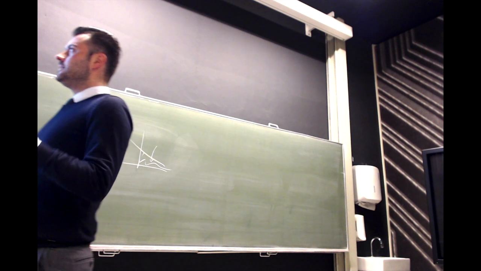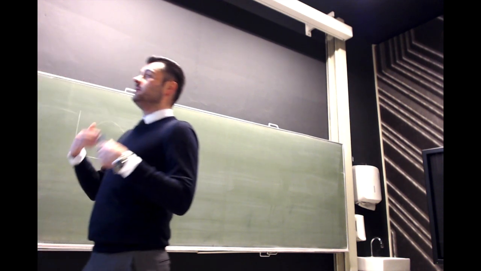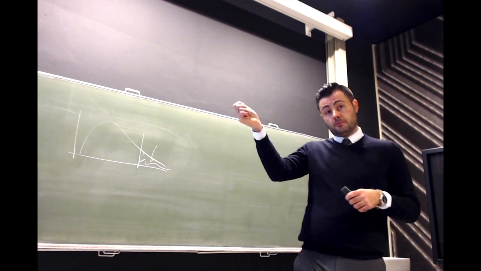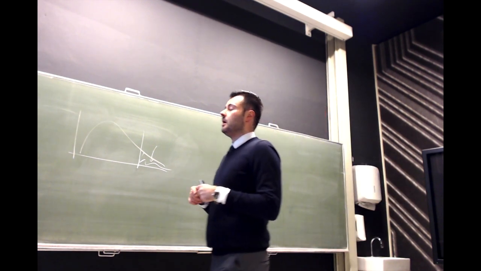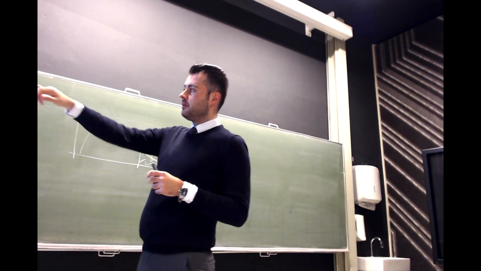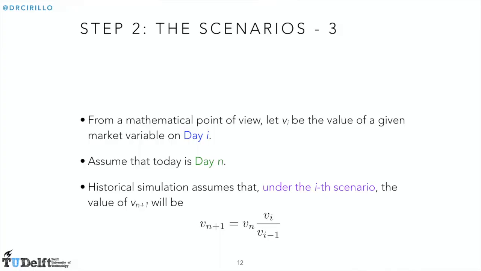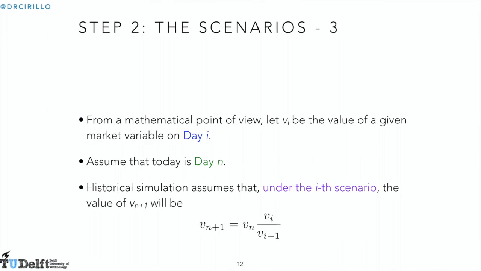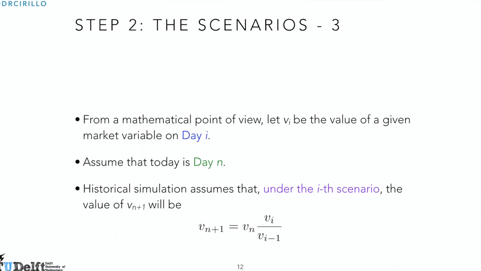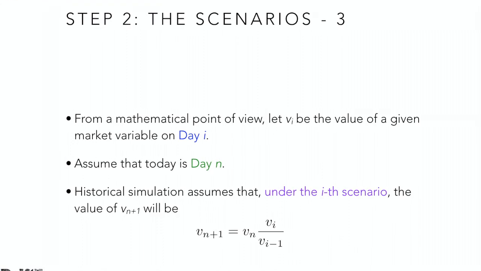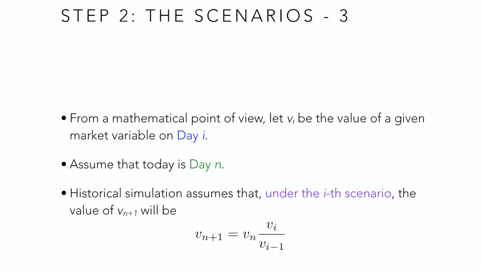The historical scenario, that is to say, the scenario generated under the historical percentage change in my portfolio, is given by Vn+1, the value of tomorrow, equal to the value of today, Vn, multiplied by the change that I observed between day i-1 and day i.